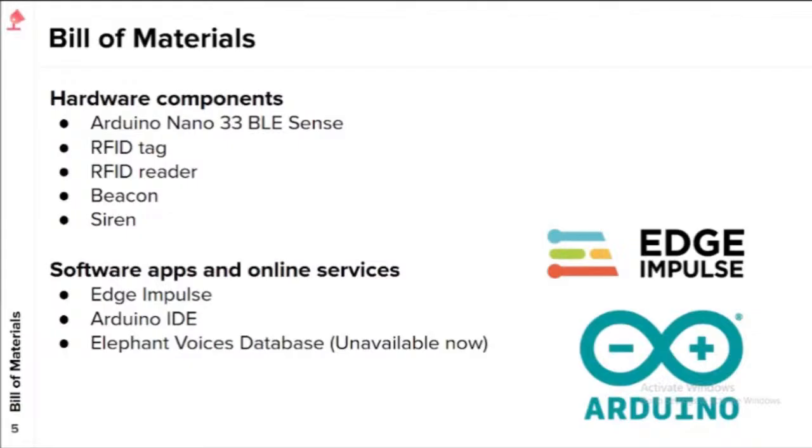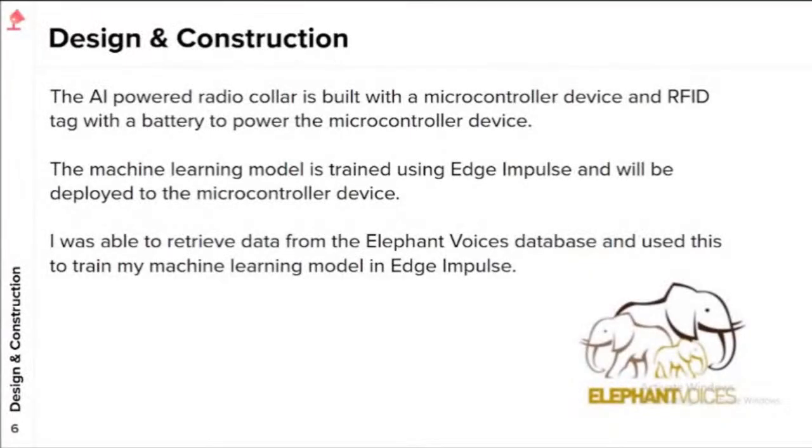You can use any other programming software if you're using a microcontroller that does not come under Arduino. The Elephant Voices database is unfortunately not available now, but it was available 5 years earlier when I did this project.